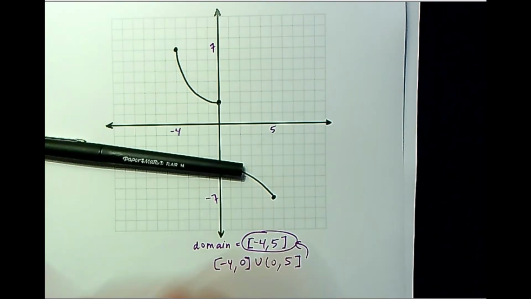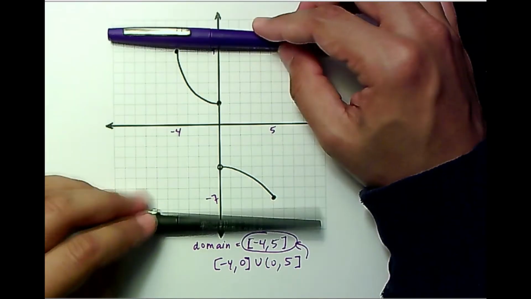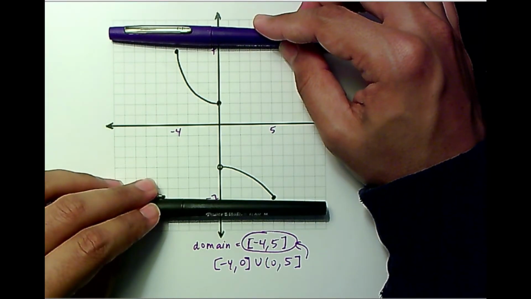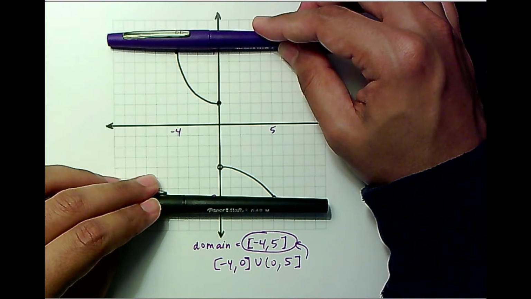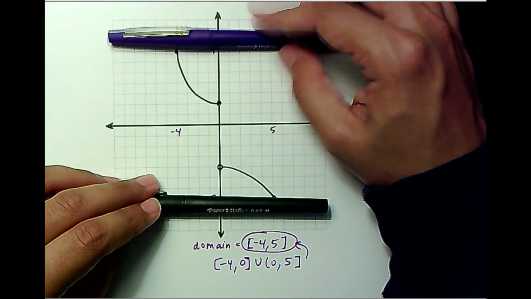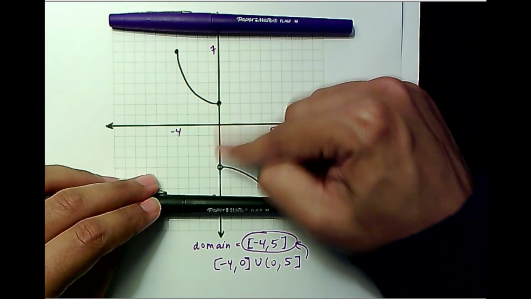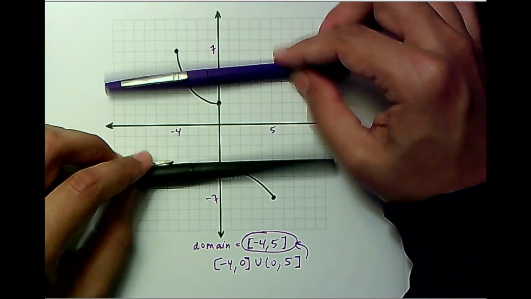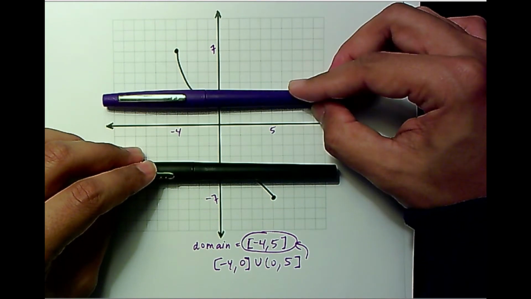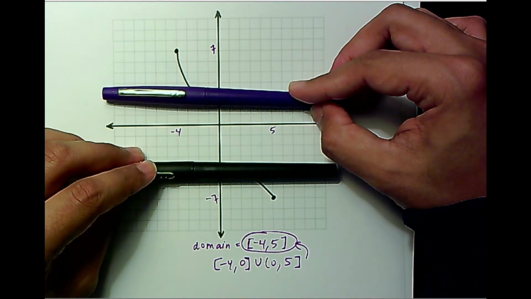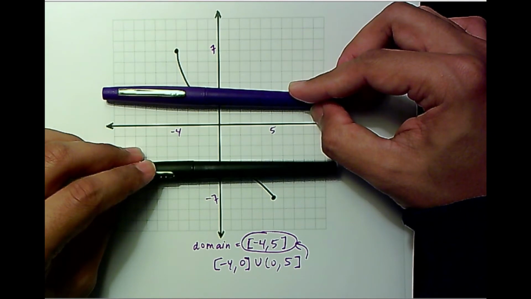So the entire graph is sandwiched between -7 and 7. But if you look at that, not all numbers between -7 and 7 are used because there's no graph in this whole piece. I mean, no part of the graph is here.